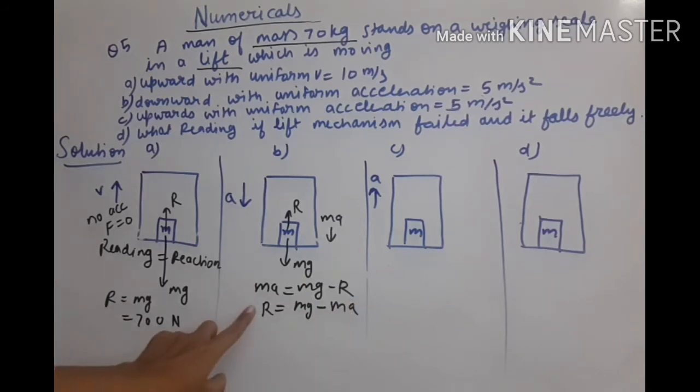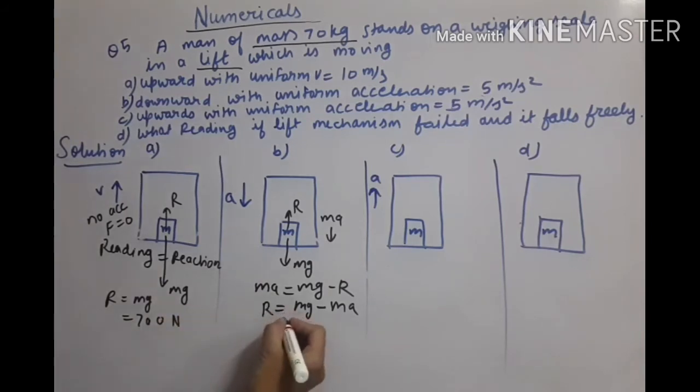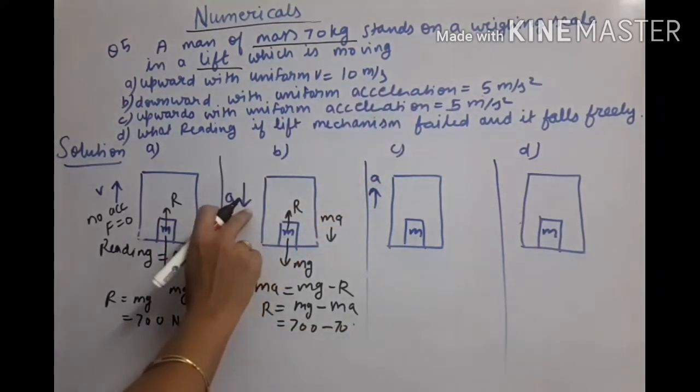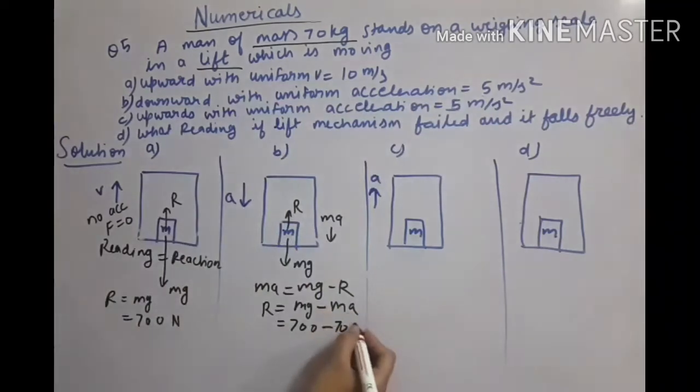So this is the apparent weight, or you can say it is the reading of the weighing scale. Now if we apply the values, mg is 70 into 10, and here 70 into acceleration. Acceleration is given in case B as 5. So the final answer is 70 into 5, 350 Newton.